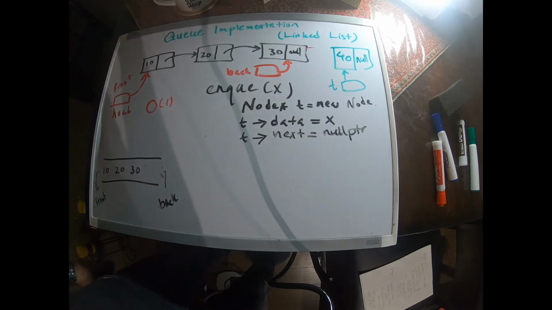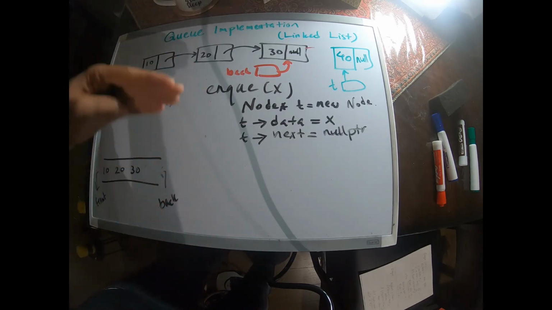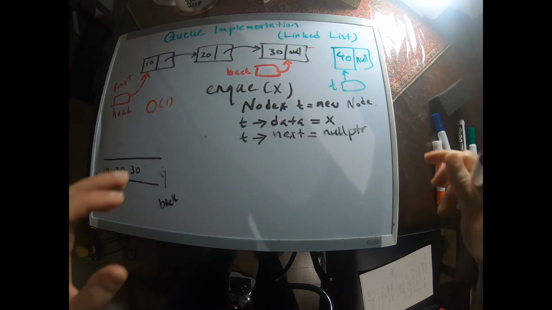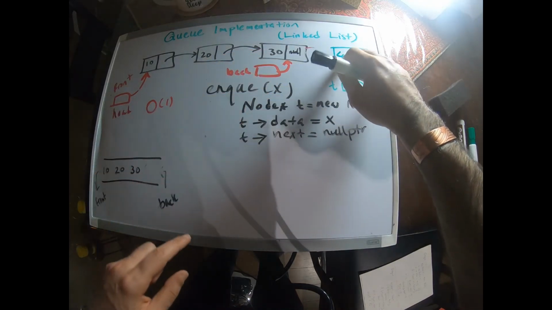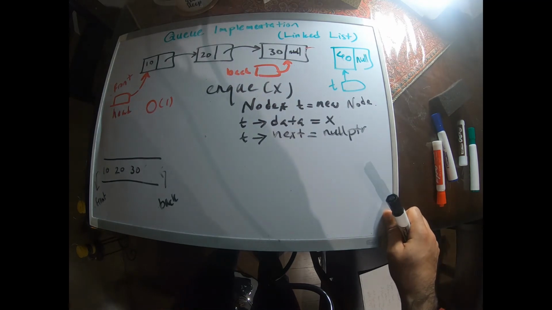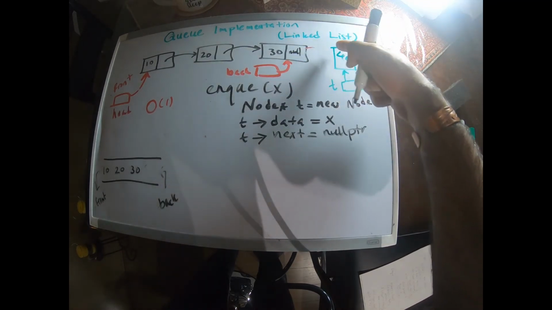Okay, again, I'm going to do this step by step. What we want to do is basically make this one the back of the linked list. So we want this pointer to point to this one.